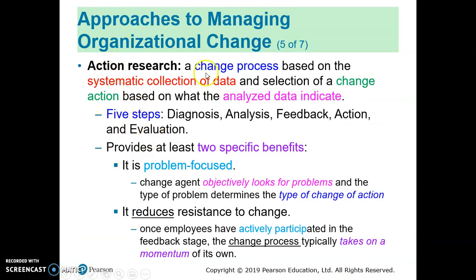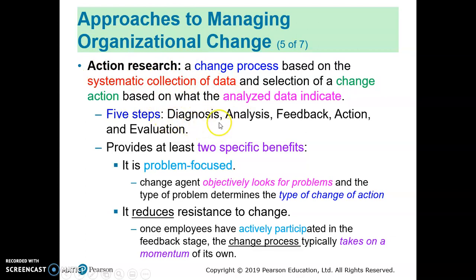The third one is action research. This is also considered one approach to managing organizational change. Action research is a change process based on the systematic collection of data and selection of the change action based on what the analyzed data indicate. This change action is like problem-solving steps.